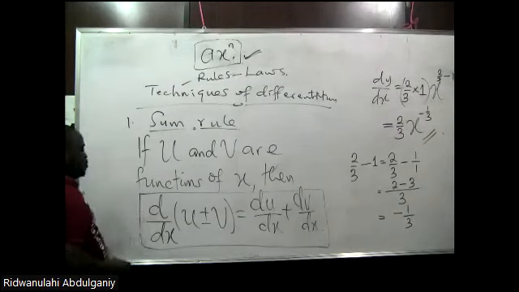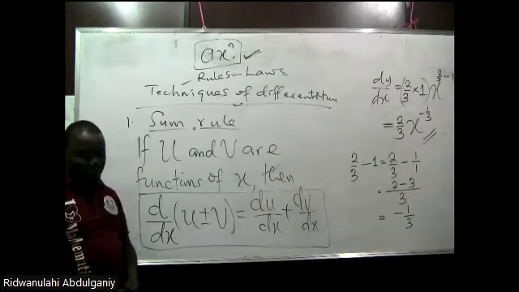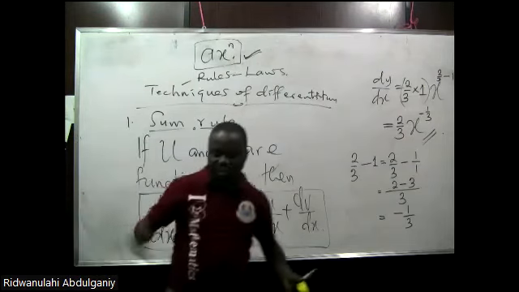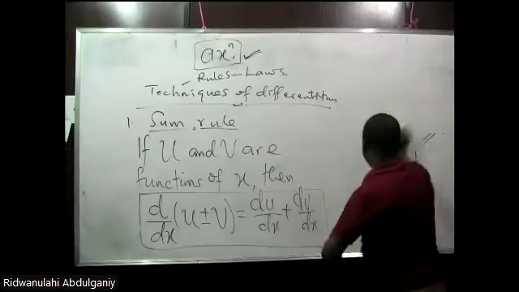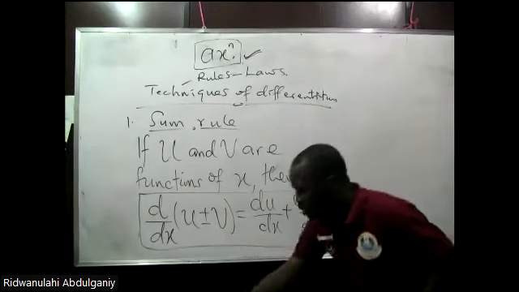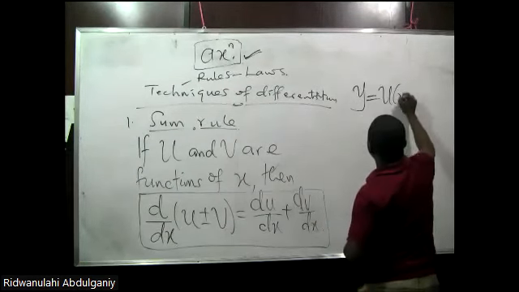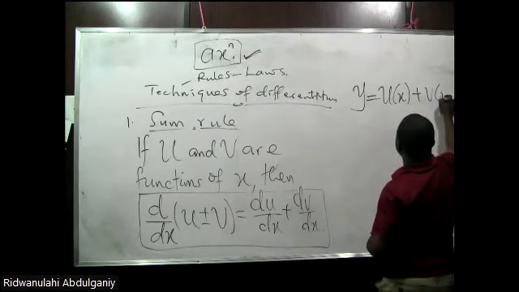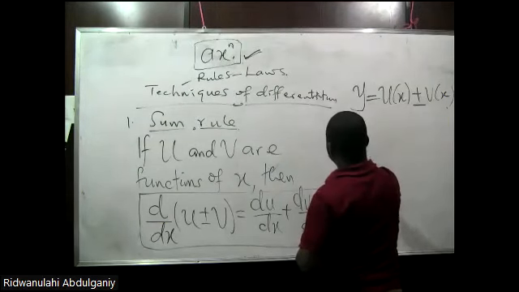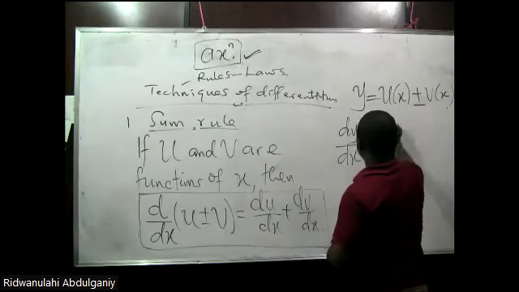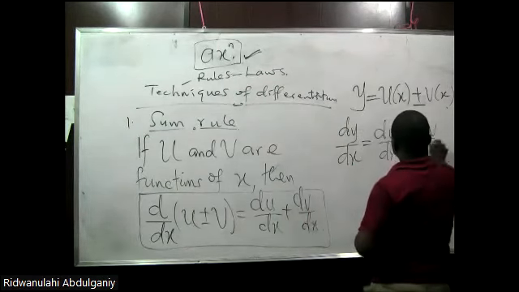That is the sum rule. Let me now write this sum in different notation. As I said, we are going to make use of different notation. Can it be written in another form? The answer is yes. Some authors put it as y equals u of x plus or minus v of x, so dy dx equals du dx plus or minus dv dx.